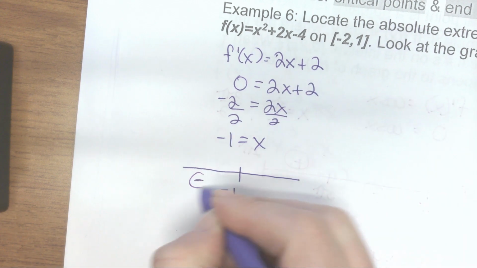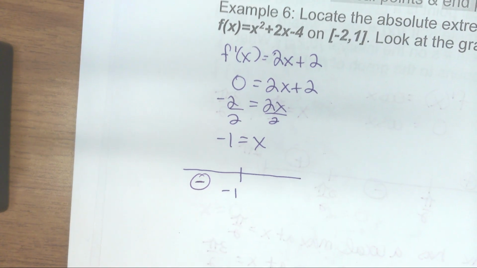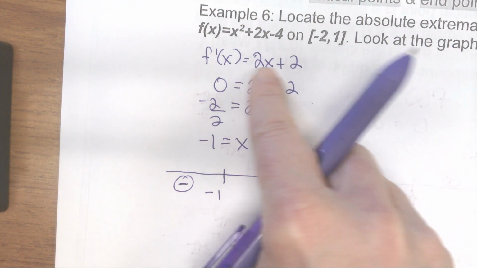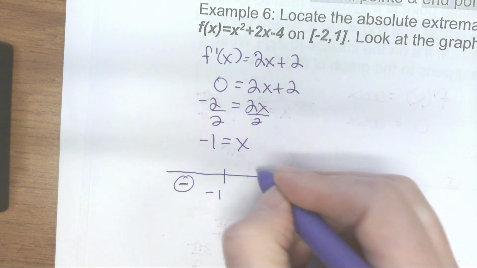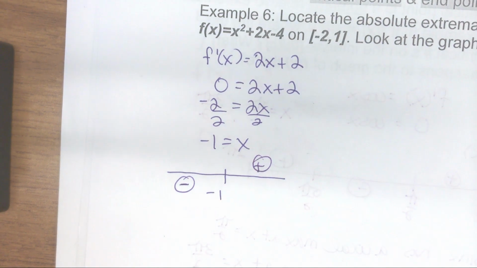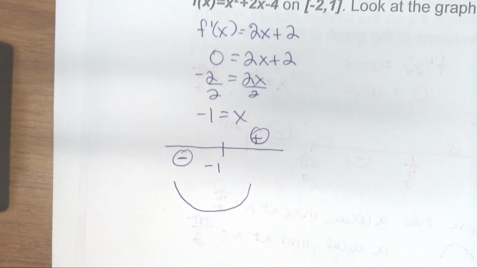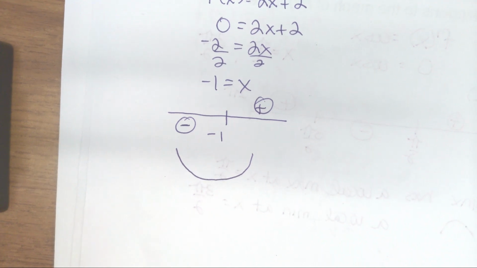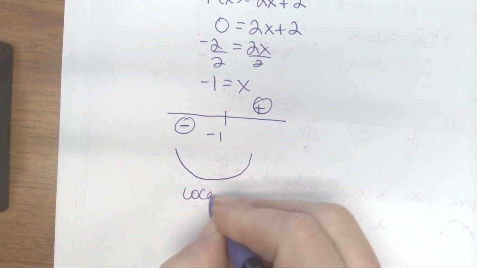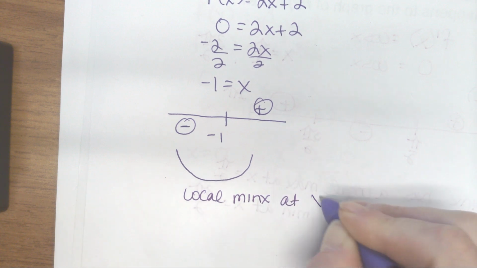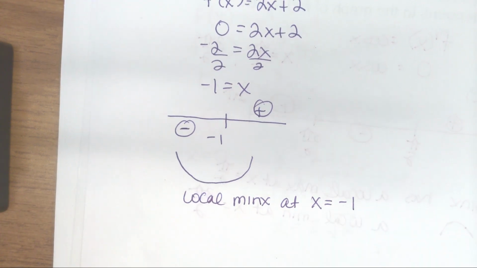The slope is negative over here. Over here, let's pick, I don't know, 0. What's 2 times 0 plus 2? Okay. So this is going to be negative to positive. This is going to be a local min at x equals negative 1. Okay. So I've now identified the relative one.